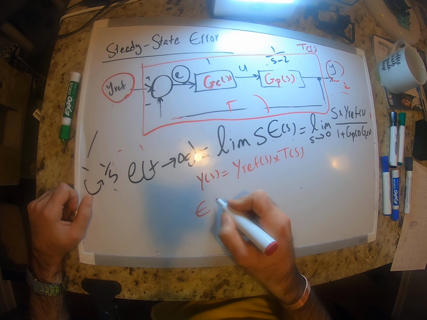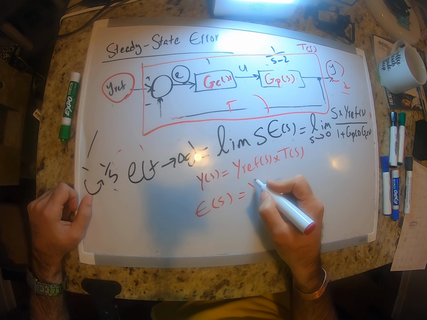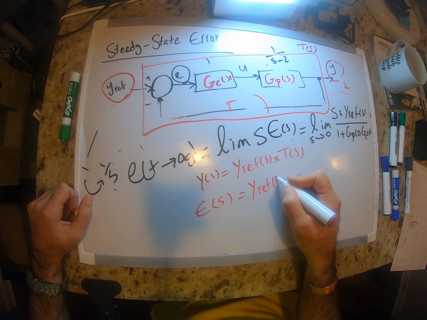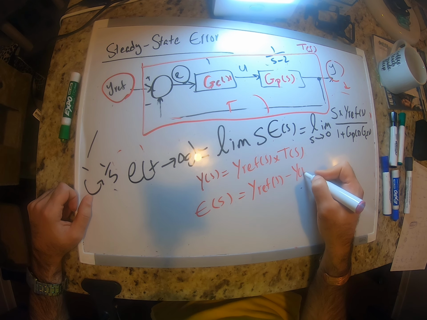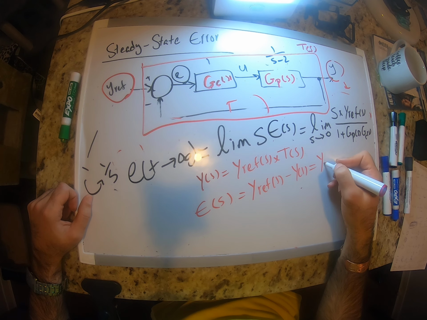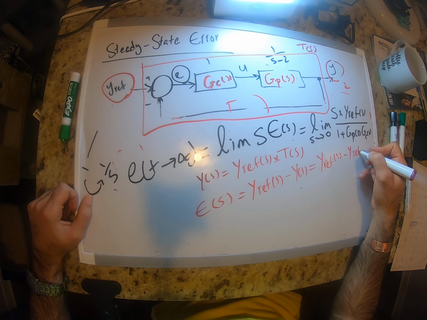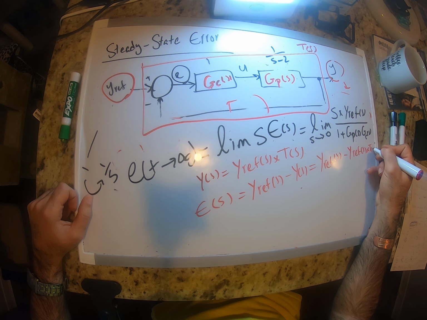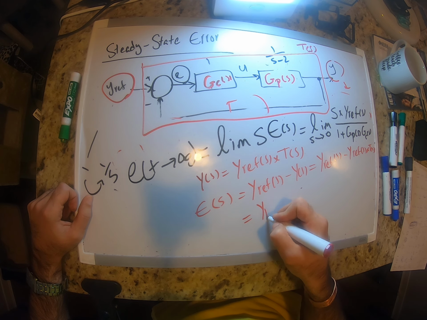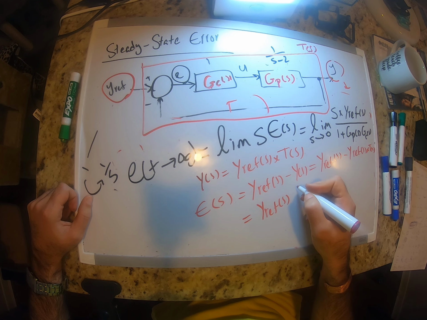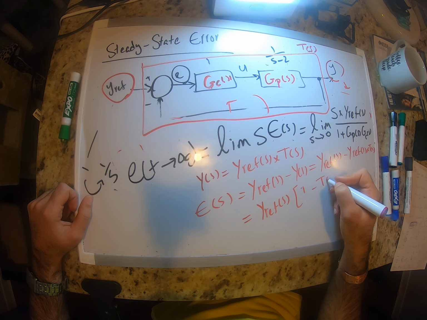And the error is Y ref of S minus Y of S. So it's Y ref of S minus Y ref of S times T of S. It's equal to, if I factor out, Y ref of S times 1 minus T of S.